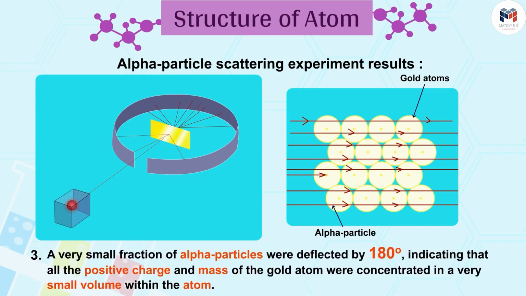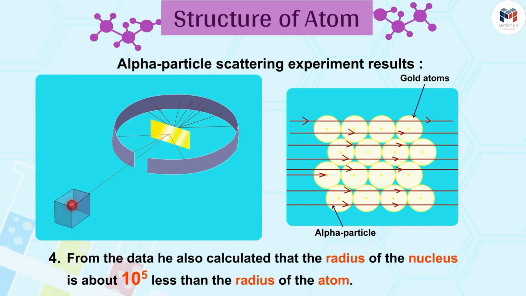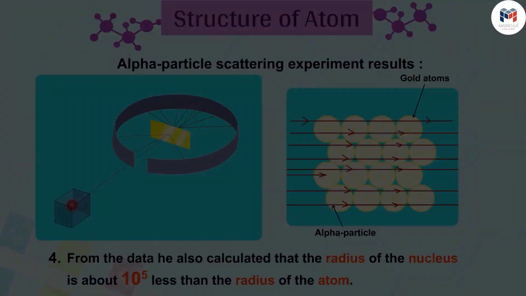A very small fraction of alpha particles were deflected by 180 degrees, indicating that all the positive charge and mass of the gold atom were concentrated in a very small volume within the atom. 4. From the data, he also calculated that the radius of the nucleus is about 10 raised to 5 times less than the radius of the atom.